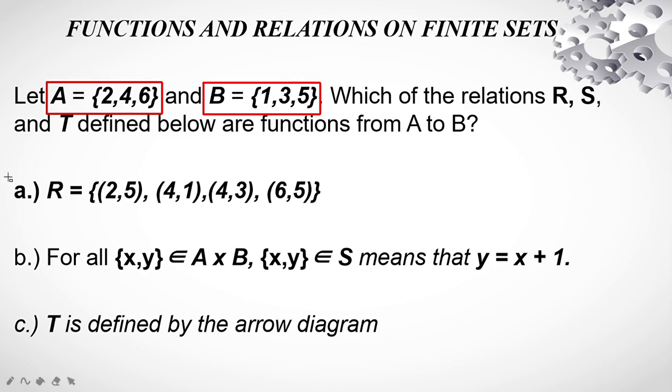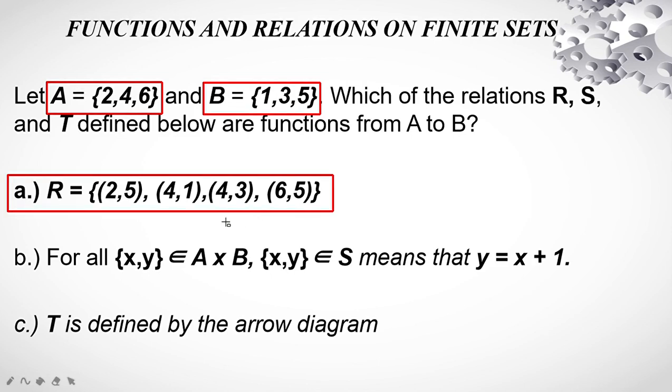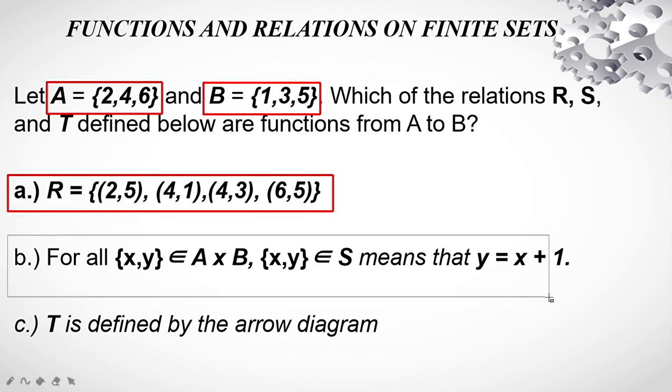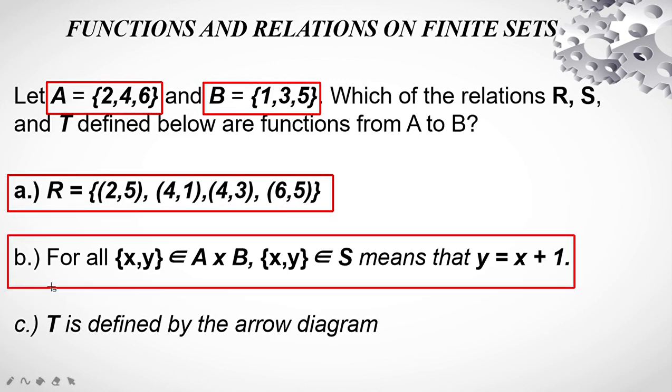Now for question number 1, we have here R, which is equal to these ordered pairs: (2, 5), (4, 1), (4, 3), (6, 5). For S, for all (x, y) an element of A × B, (x, y) is an element of S means that y is equal to x plus 1.